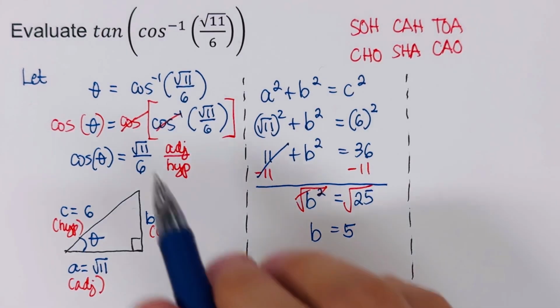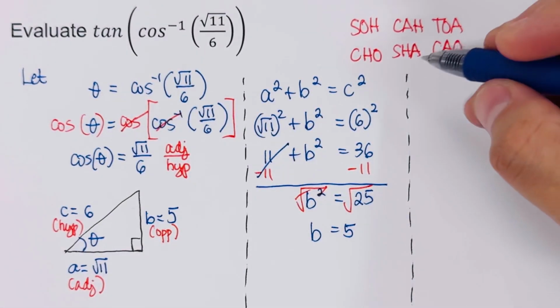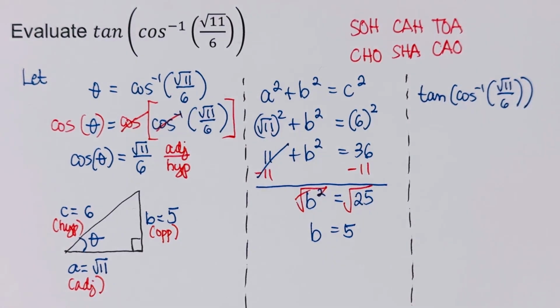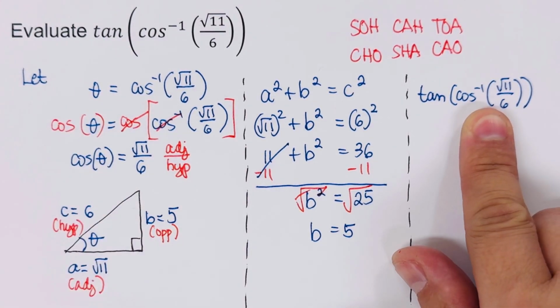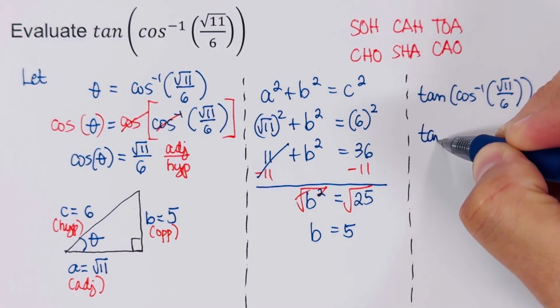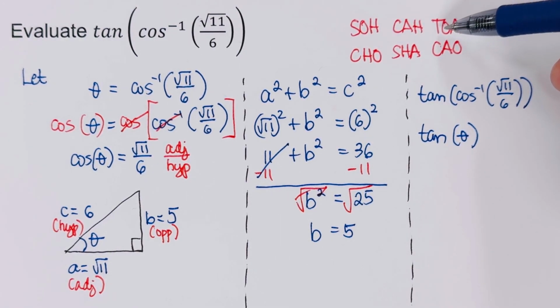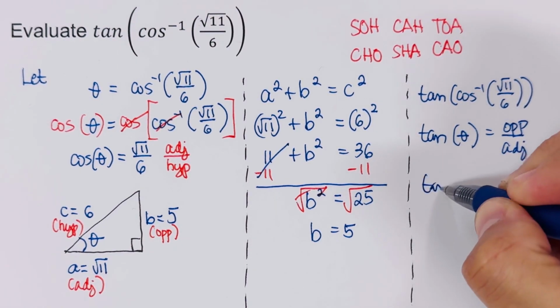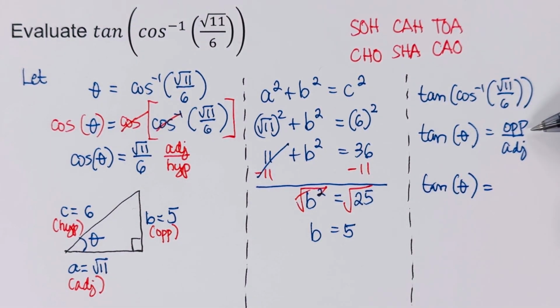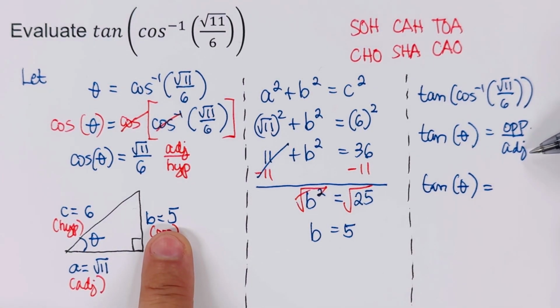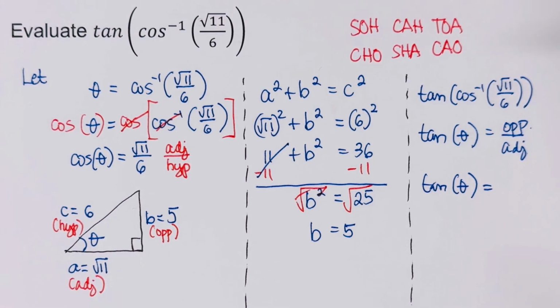I'm going to go ahead and rewrite this given expression that we have down here. We assign it with theta, so this comes out tangent theta. Now we remember that using this acronym right here, tangent theta is opposite over adjacent. So looking at the right triangle right here, our opposite is 5. Our adjacent is square root of 11.